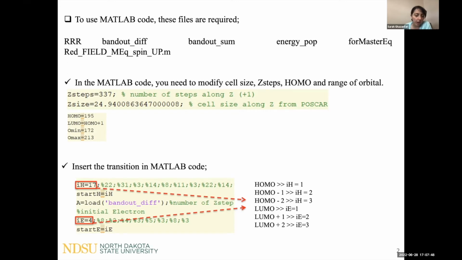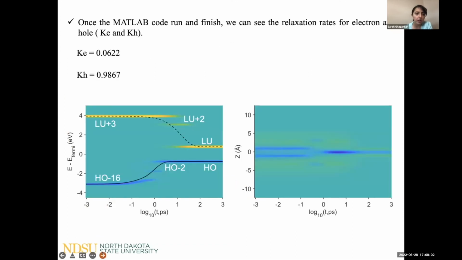In this case, we sorted the oscillator strength file, and we are interested in the transitions with the highest oscillator strength. After modifying the MATLAB code, if the process goes well, we end up with some plots.